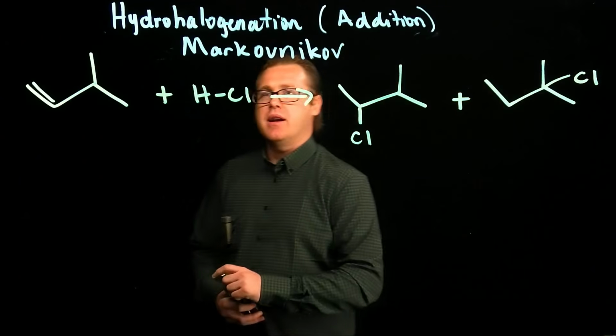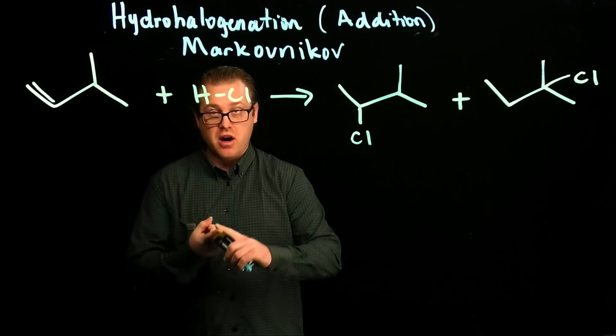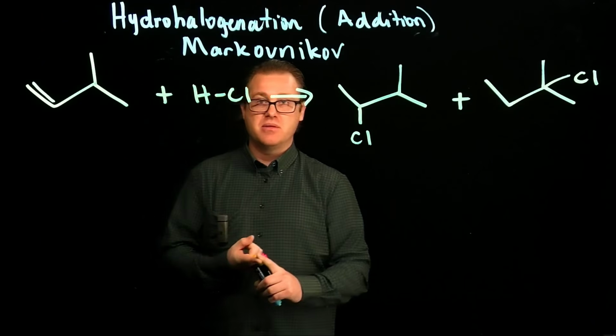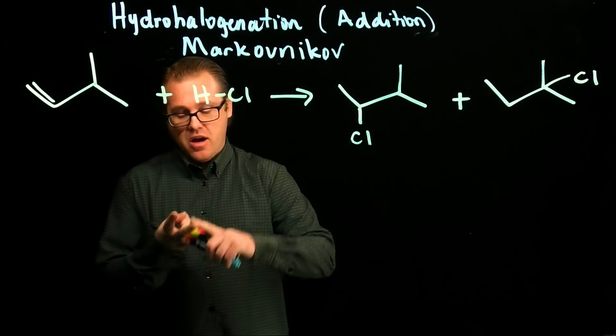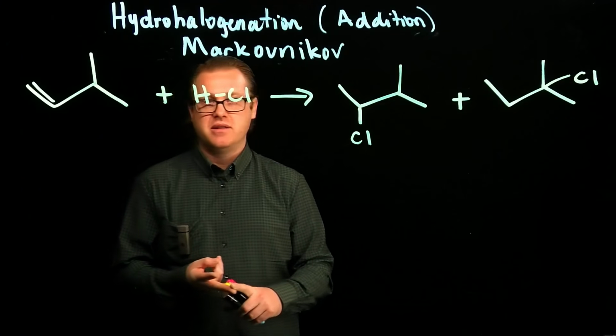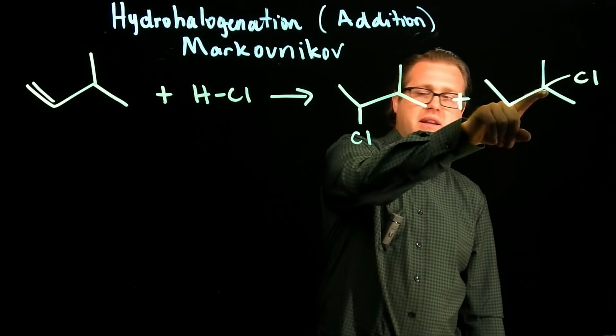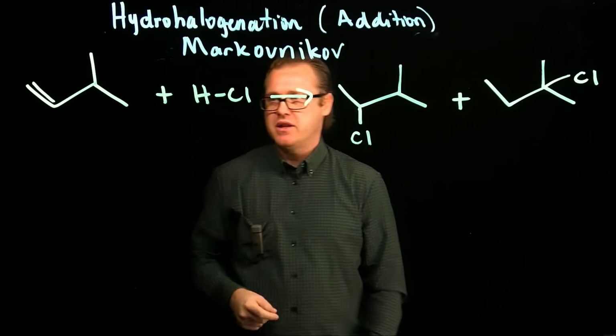So when you take a look at hydrohalogenation reactions, we have to consider the Markovnikov rule, which is the regioselectivity. We also have to consider the stereochemistry if we generate a stereocenter. So we generated a stereocenter here, but not there. So we've got to figure out the wedges and the dashes.